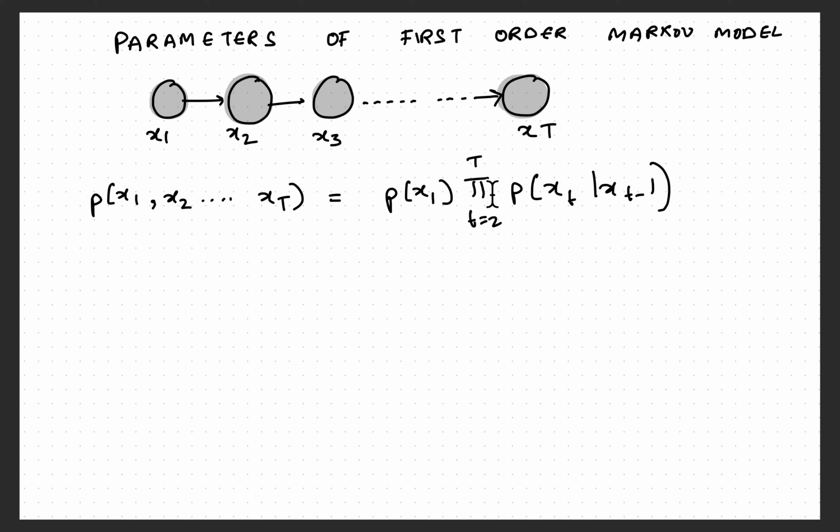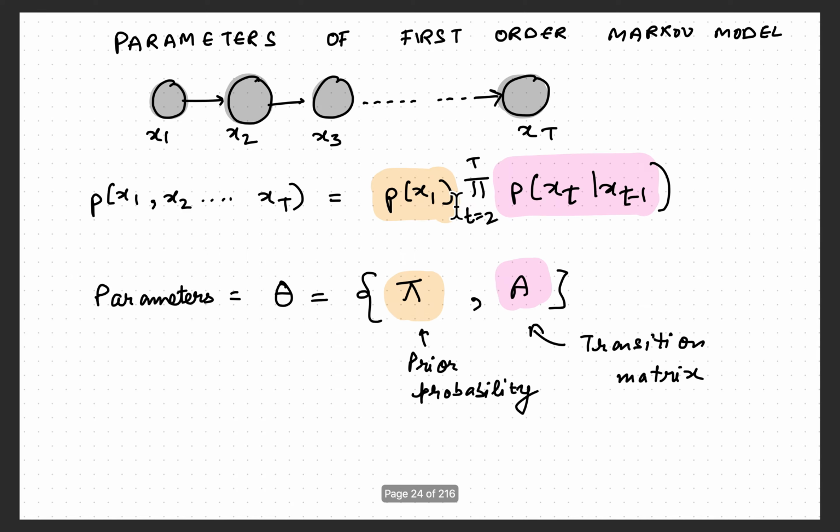So the parameters needed to characterize this have to be coming from this joint probability itself. Now we notice that there are two types of terms. One, probability of xt given xt minus 1, and the other kind of term is probability of x1. So we have two parameters to characterize a first order Markov model, and we call the set of parameters theta.